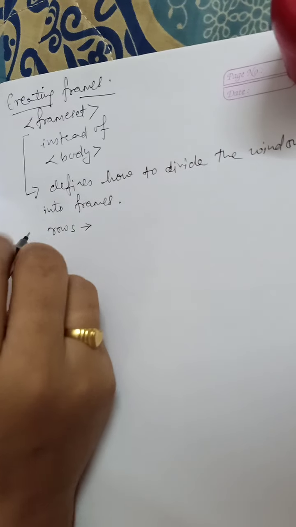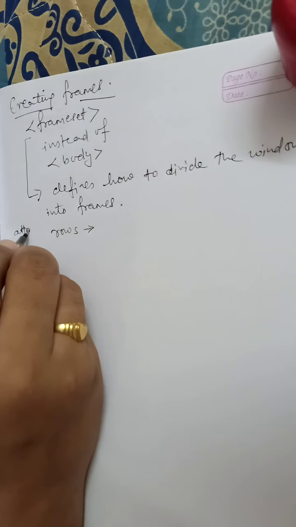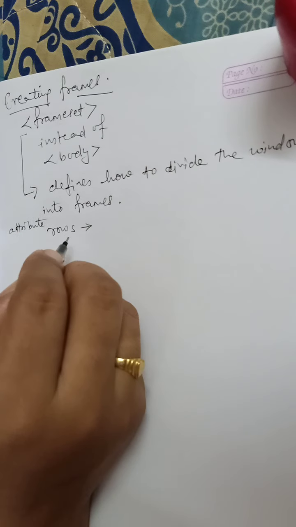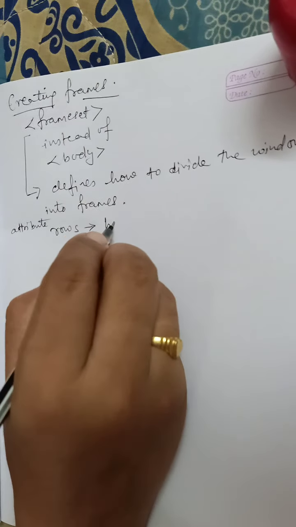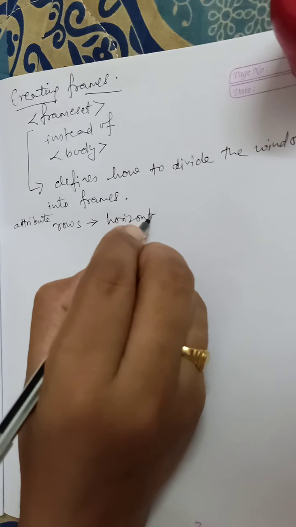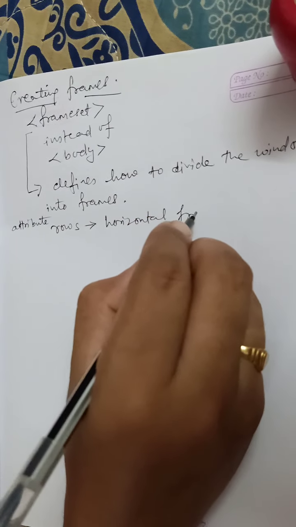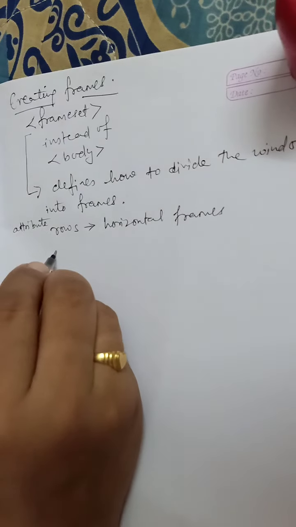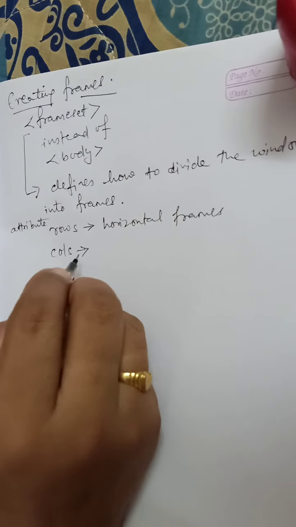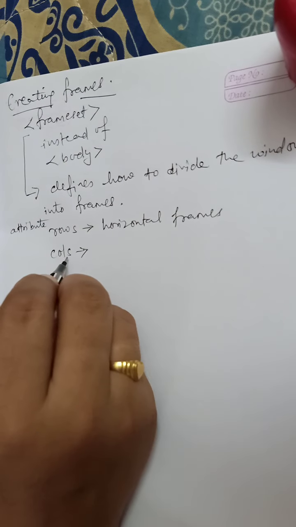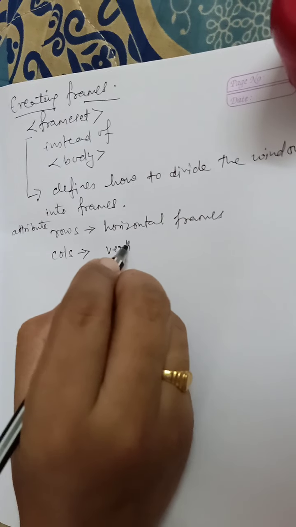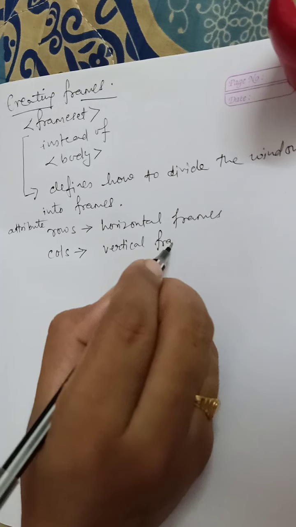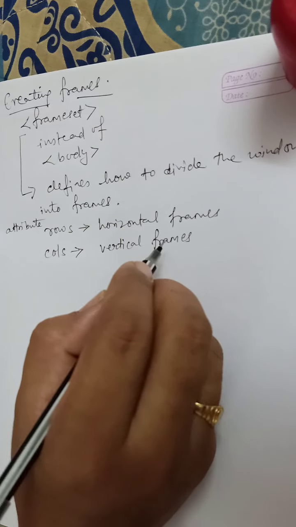It has two attributes. One attribute is rows, which defines the horizontal frames, and cols, which stands for columns, defines the vertical frames.